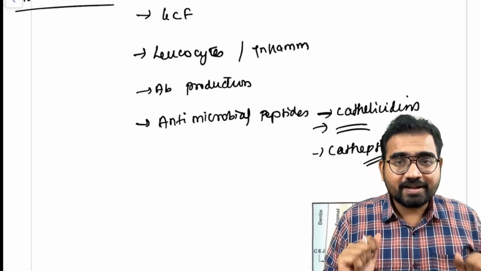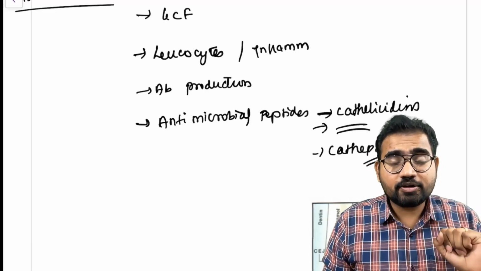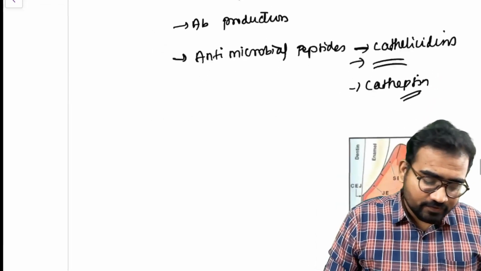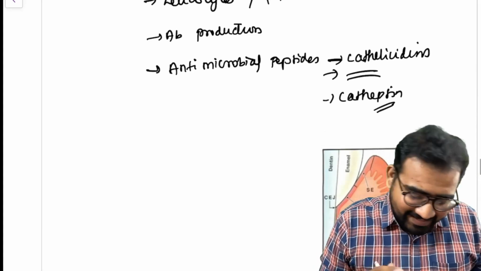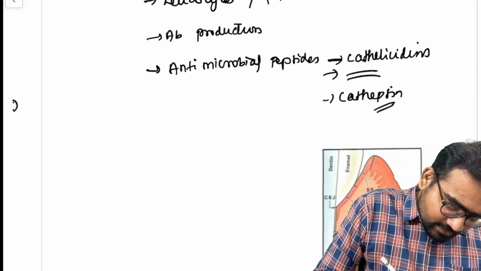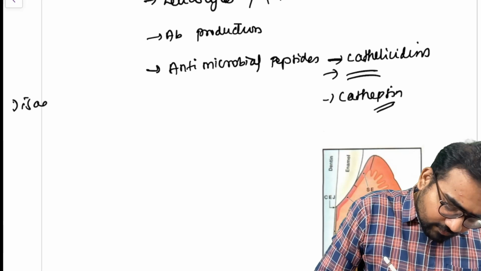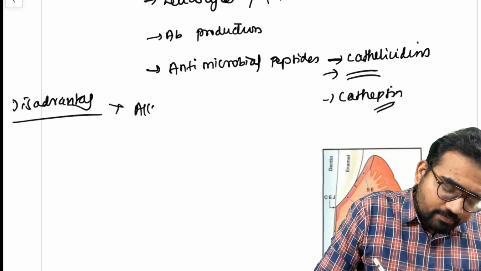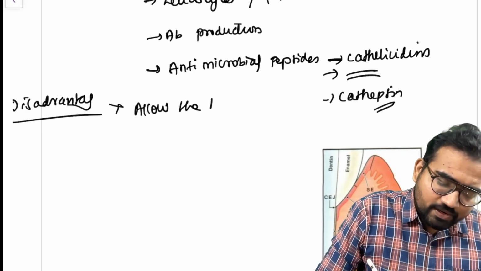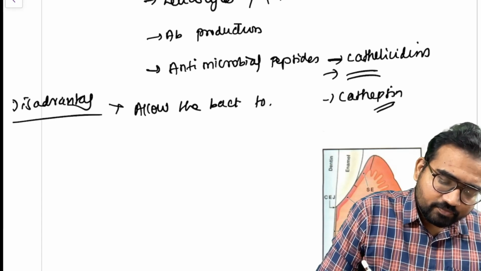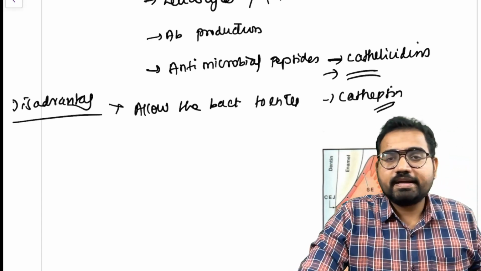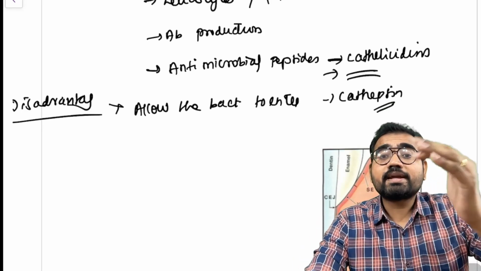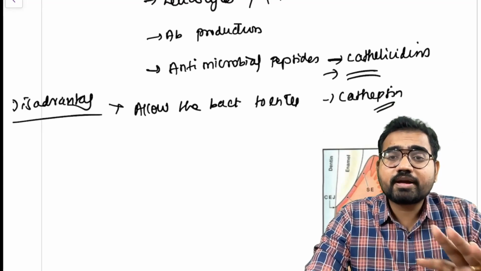That is good. Again, the other aspect of junctional epithelium: because it is semi-permeable, it will also allow substances to enter, right? So what is the disadvantage? Exactly. The disadvantage of junctional epithelium is it will allow the bacterial products to enter into the connective tissue and destroy the connective tissue.